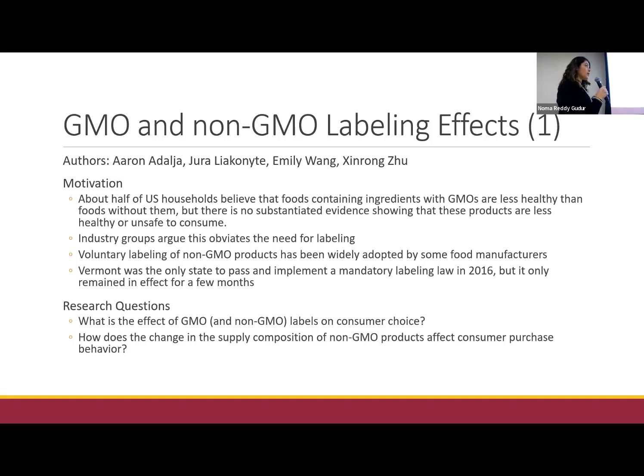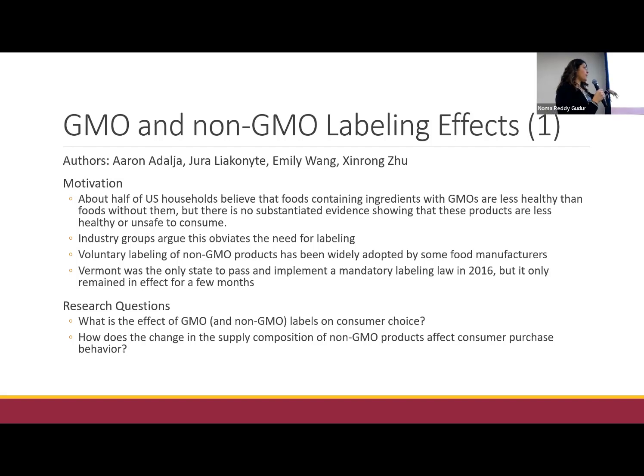As for mandatory labeling, it was relegated to the states, and the only state that ever passed a law to mandate GM labeling was Vermont, in 2016. It was only in effect for a few months before it was overthrown because of a preceding law. So this pointed to a very interesting natural experiment for which the scanner data covered that time period.